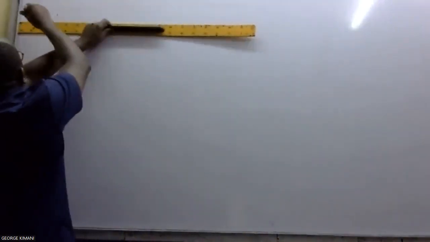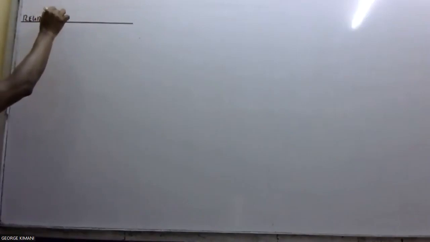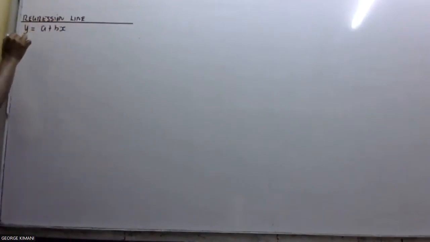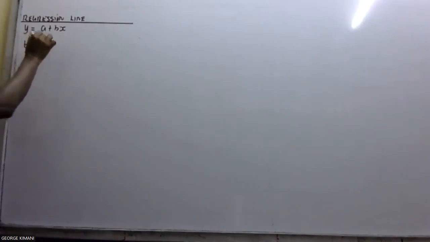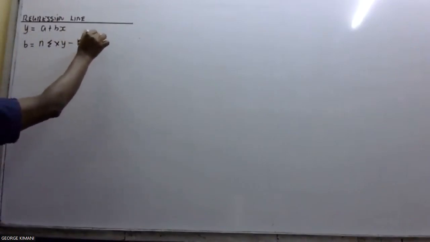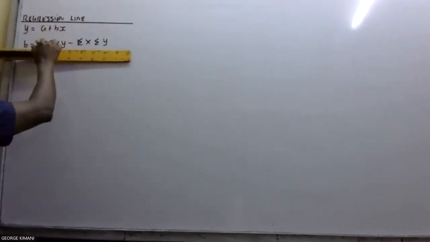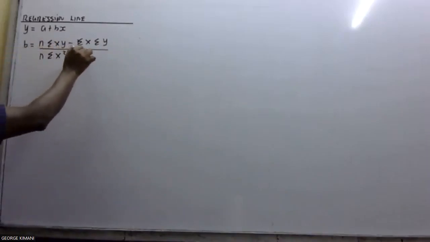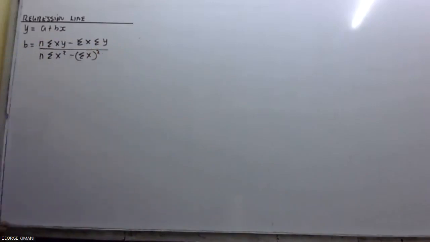The regression line: when they ask you to get the regression line, the format will be y is equal to a plus bx, and b will be given as n sum of xy minus sum of x, sum of y, divided by n sum of x squared minus sum of x squared.